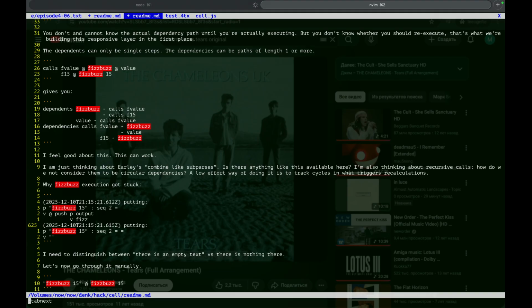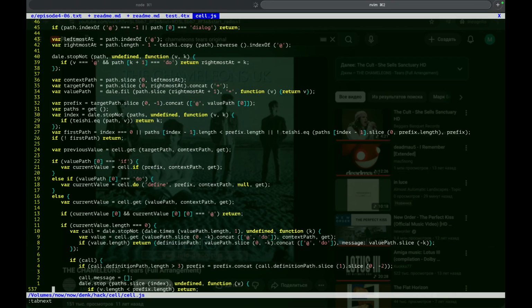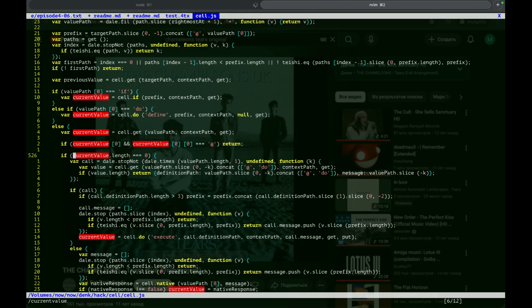Yeah, the issue is on this line. Wait, where is it? This one, current value length is 0. That's the one, right?